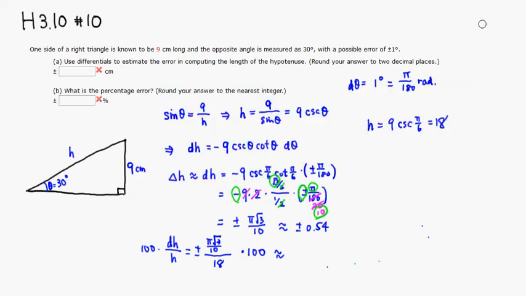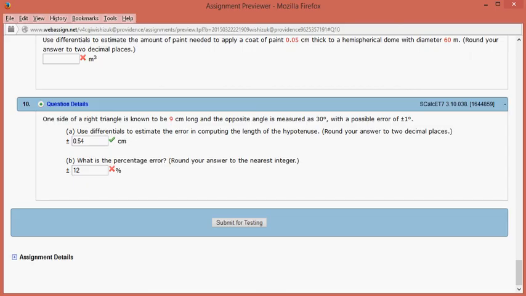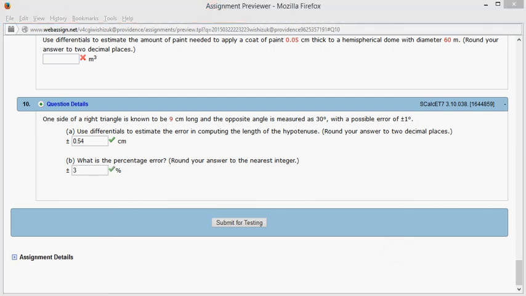So it's 3%. The answer is about 3%. Let's double check, and hopefully this gives me the right answer. I came back, and 3% was the right answer.